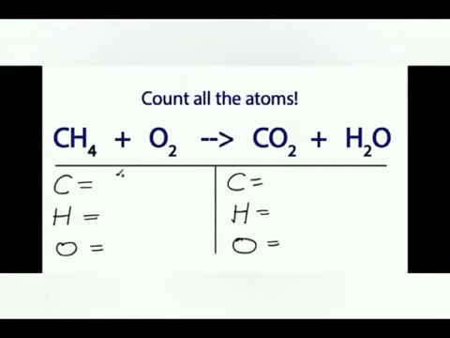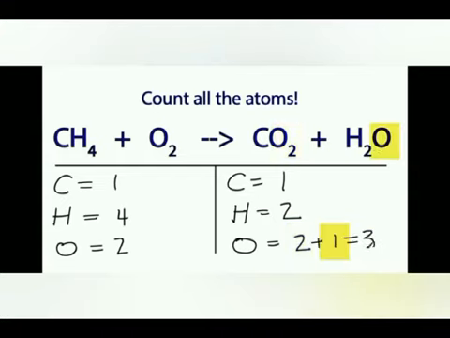CH4 plus O2 gives rise to CO2 plus H2O. On the LHS: carbon 1, hydrogen 4, oxygen 2. On the RHS: carbon 1, oxygen 2, hydrogen 2, and one more oxygen. Therefore, you have to add that oxygen also. 2 plus 1 is equal to 3. Now it is not easy to balance 2 and 3.